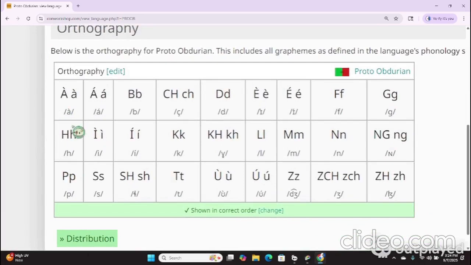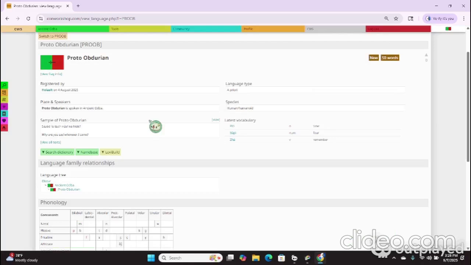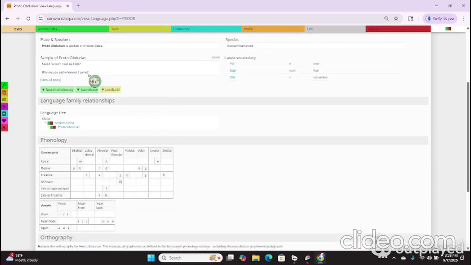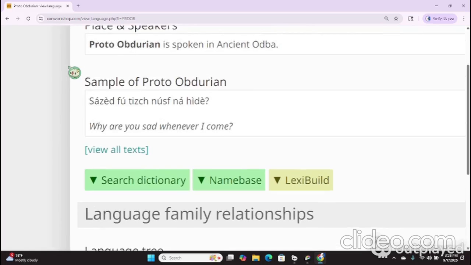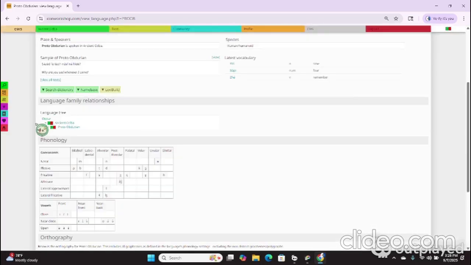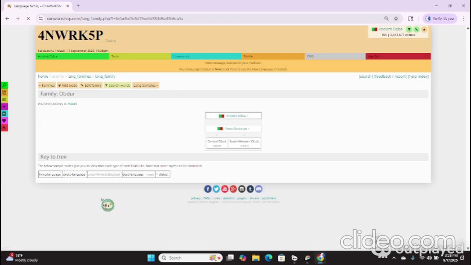It had ba, da, fa, ga, ha, ka, la, ma, na, nga, pa, sa, sia, ta, and the variants. This is a sample in Proto-Ubdarian. I don't have as many words, but we're getting there.